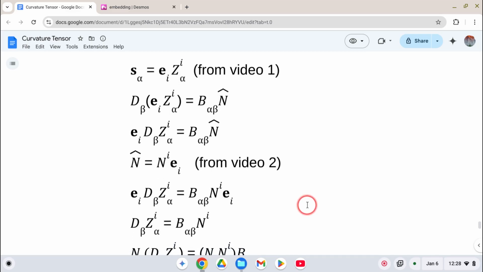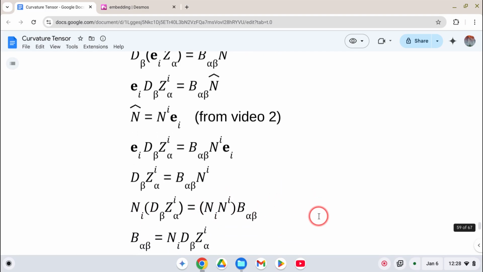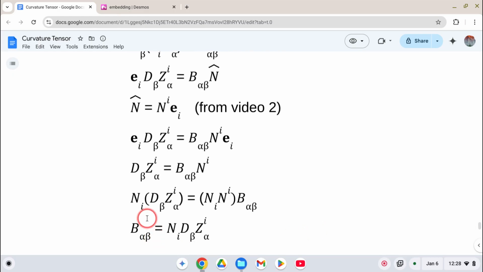All right? Now, to get rid of this, we dot both sides with the covariant component N i. This becomes 1, and we got it.